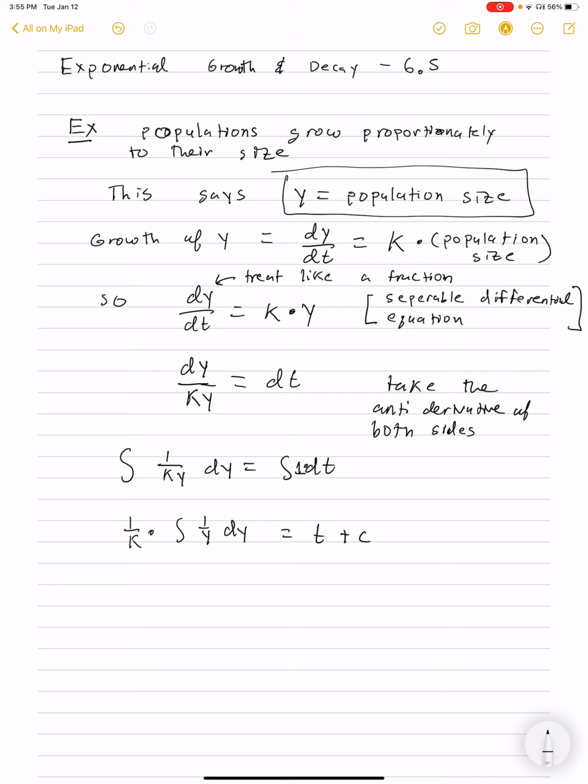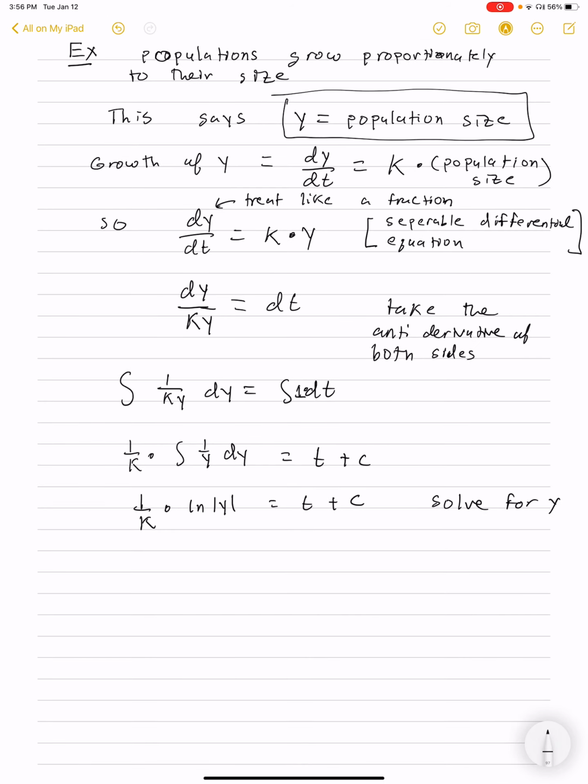The derivative of t is 1, the derivative of a constant is 0. Now on the left-hand side, I get 1 over k times ln of the absolute value of y is equal to t plus c, and I'm going to solve for y. So we get ln of the absolute value of y is equal to k times t plus kc.